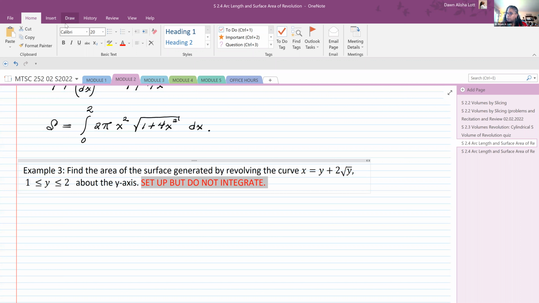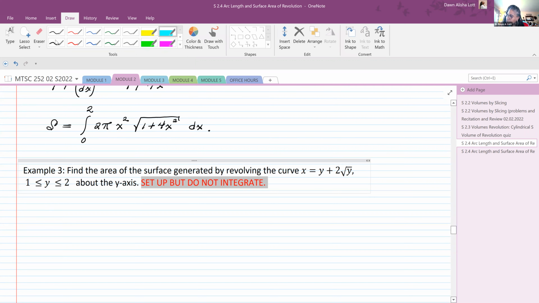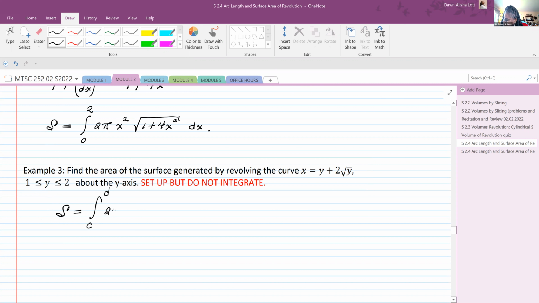S is equal to the integral from C to D of 2 pi x of y times the square root of 1 plus (dx/dy) squared dy.